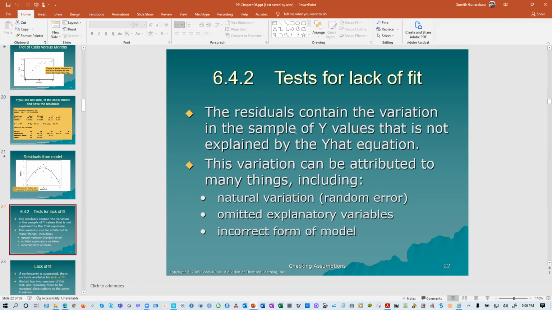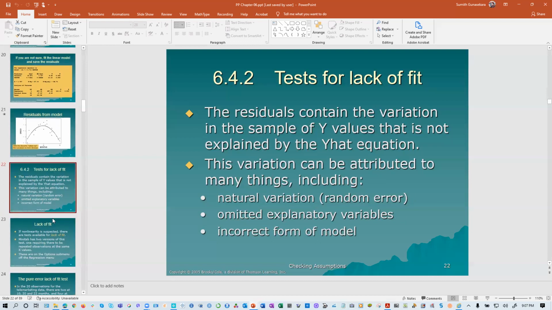See, the variation in the sample of Y values cannot be explained by the Y hat. So this variation can be attributed to many things: natural variation or random error, omitted explanatory variables, where some variable has been omitted, and incorrect form of the model.